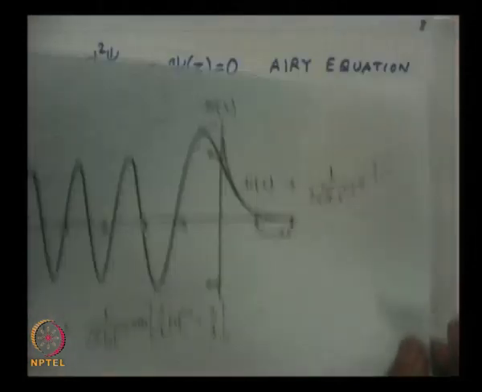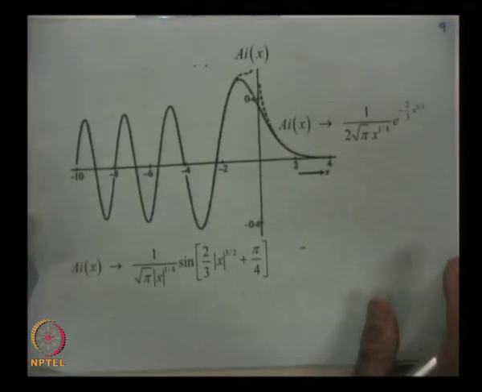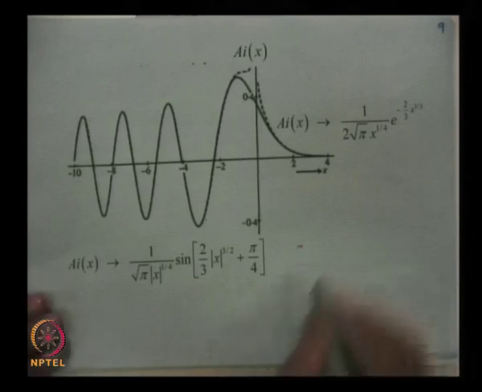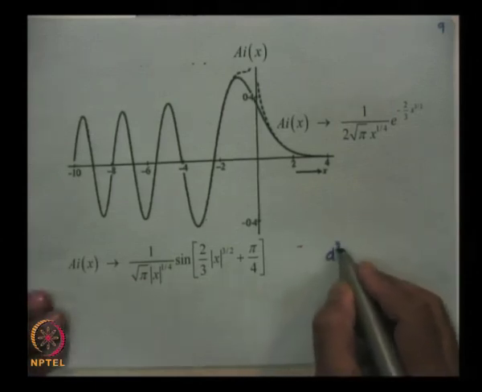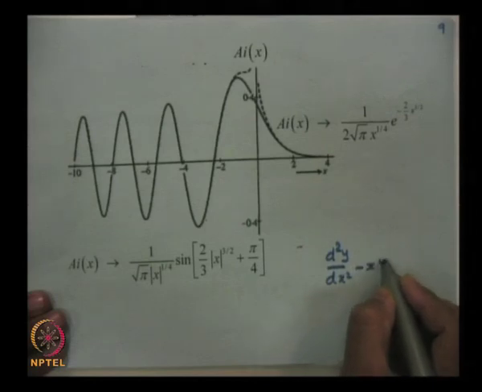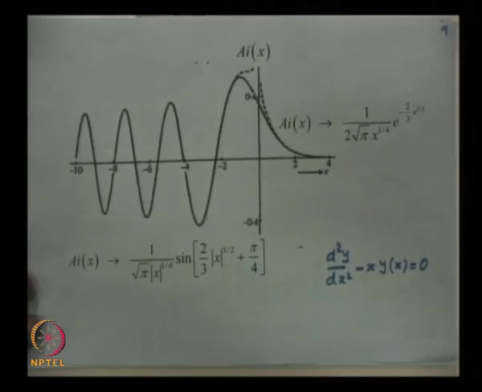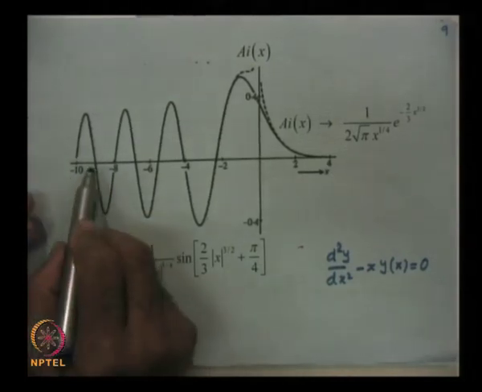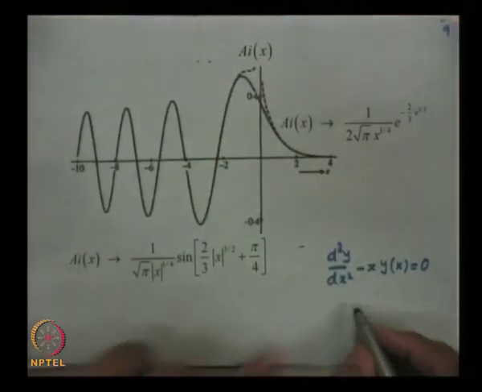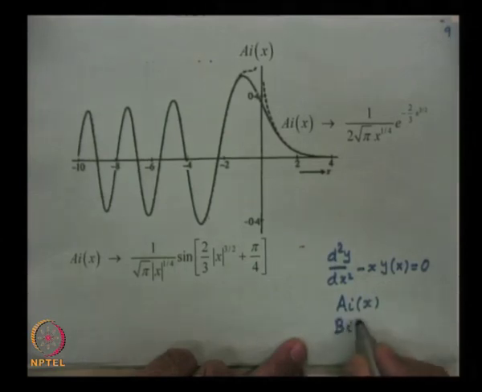Actually this is not in terms of z, this is the solution of the equation d2y by dx square minus x y of x equal to 0. So, please replace z by x. The two independent solutions are Ai of x and Bi of x.